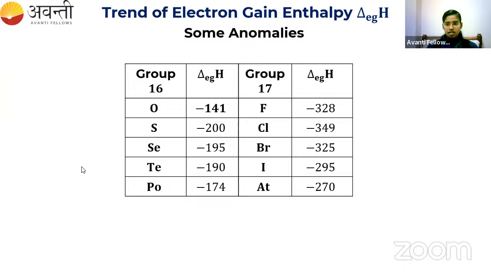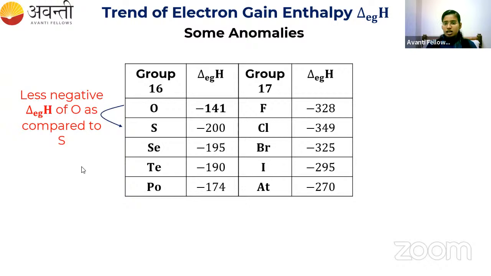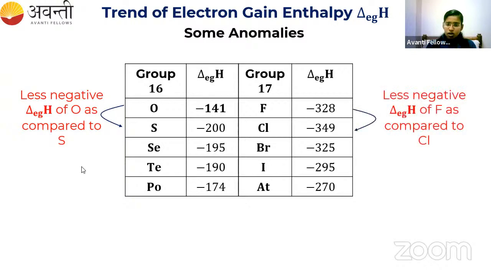Exceptional case. If you go from oxygen to sulfur, on moving down the group, it should decrease, right? But when you go from oxygen to sulfur, it is increasing. So oxygen has the lesser value compared to sulfur. The same way in case of fluorine and chlorine, chlorine has the higher value compared to fluorine. Why?